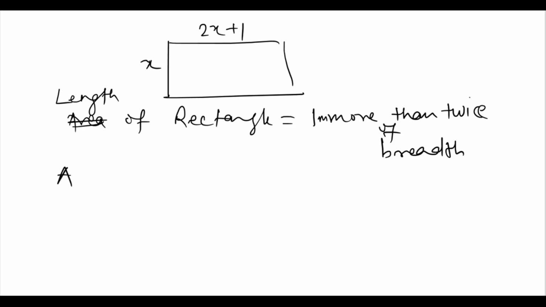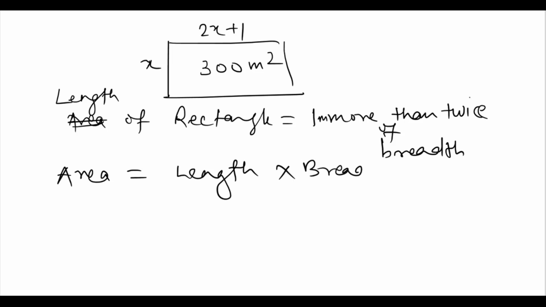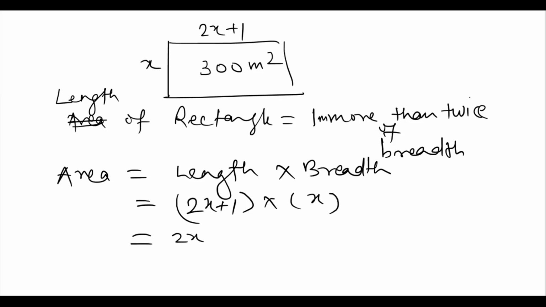And now you know area, and suppose it's told 300 meter square is the area known to you. Okay, so area is equal to length into breadth, that already you know. So length is 2x plus 1 multiplied by x, right? So 2x square plus x, right?